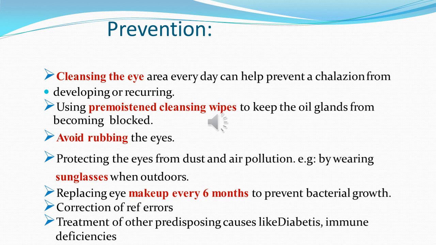Other predisposing factors like diabetes and immune compromised status should all be attended to, so that the patients will not suffer from recurrent attacks. If deficiencies are the mainstay of the recurrences, we have to attend to the deficiencies. It may be protein calorie malnutrition, or vitamin A deficiency alone, or any deficiency like vitamin D deficiency or vitamin B12 deficiency.